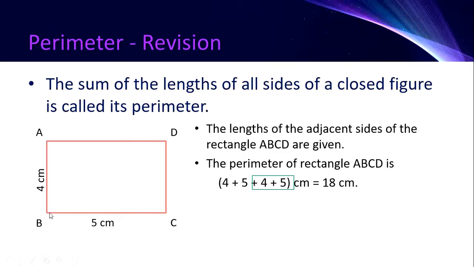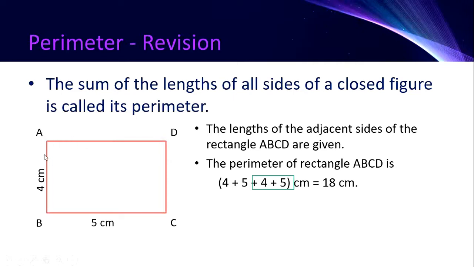AB is beside BC, whereas the side AB and DC are opposite to each other. Side AB and DC are opposite to each other. Side BC and AD are opposite to each other.